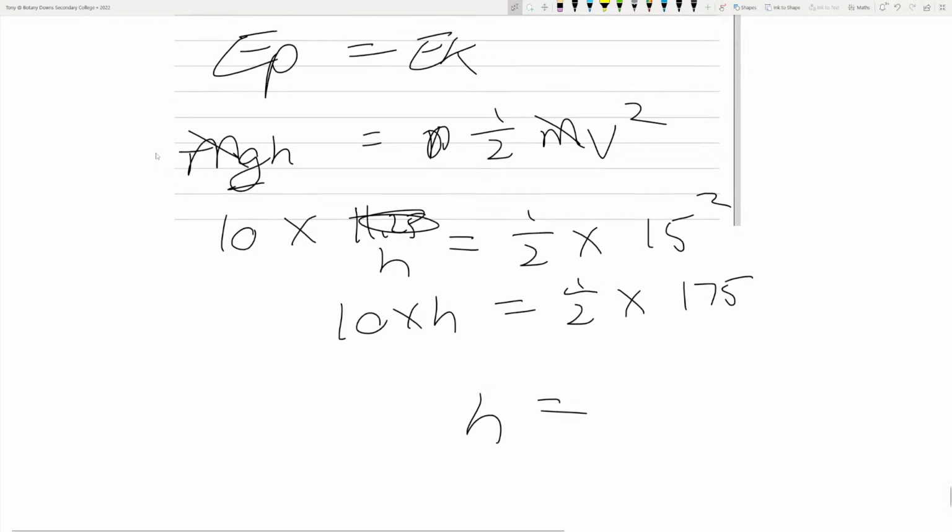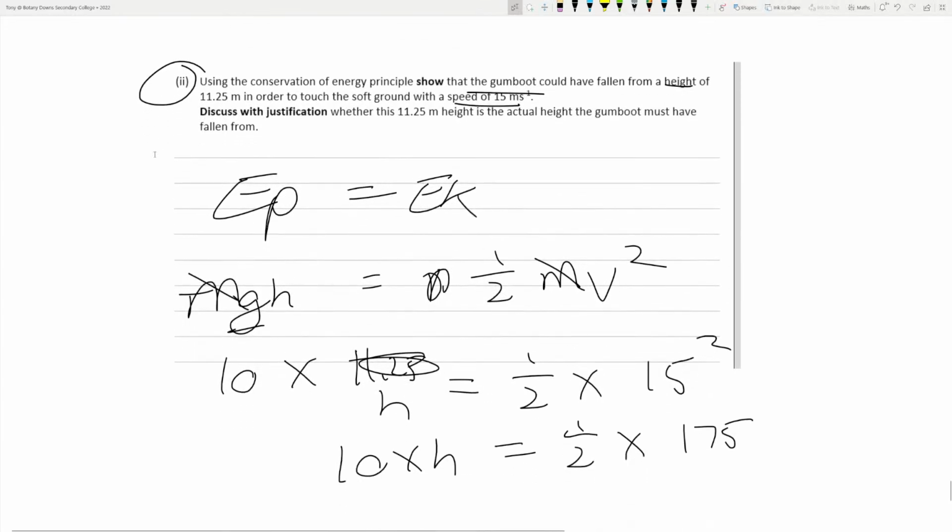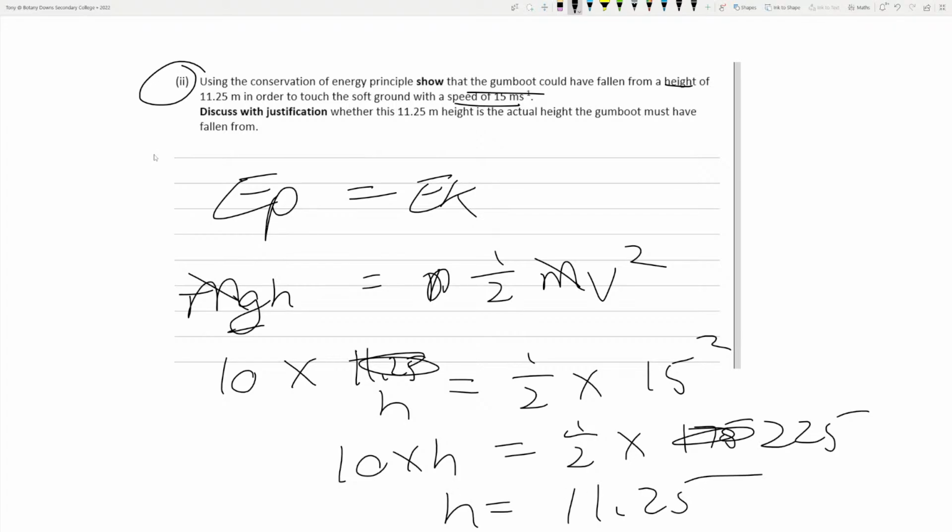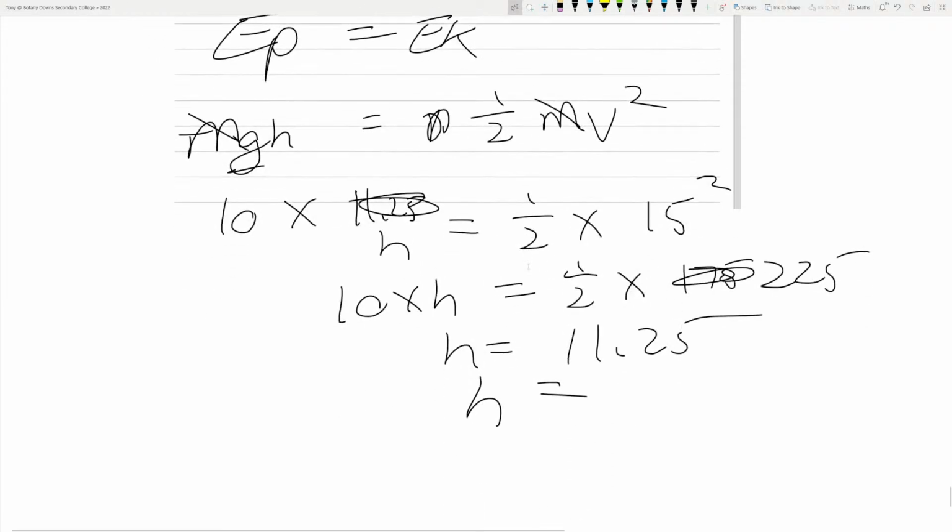Wait, did I do this right? Half mv squared. Yeah, I did this right. 15 squared, unless 15 squared is not 175. It's 225. I was going to say 225 divided by 2. So if you solve this, h equals 11.25. Done. Okay. Don't need the mass.